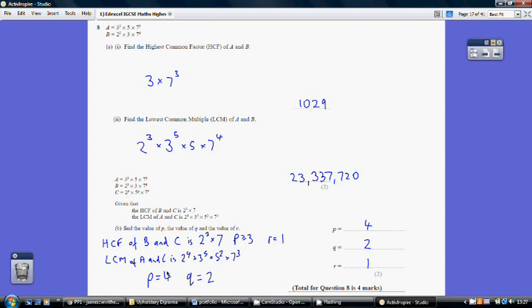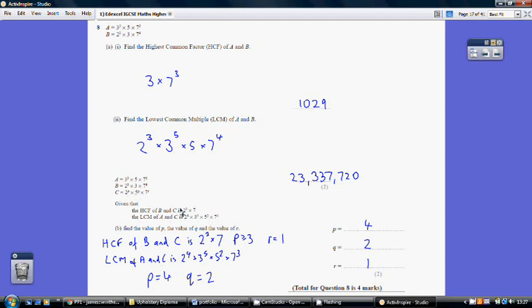Moving on to the second fact, the lowest common multiple of A and C is this. This is when we take the highest power when we compare A and C. Comparing A and C, our 2 to the power of 4 must come from this, so P must equal 4. Then 3 to the power of 5 is not relevant on this occasion.